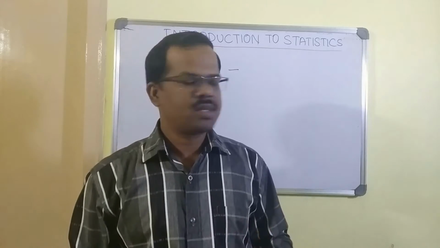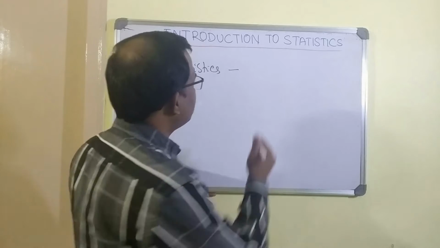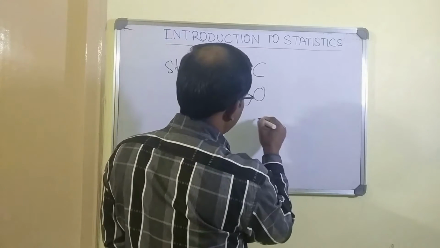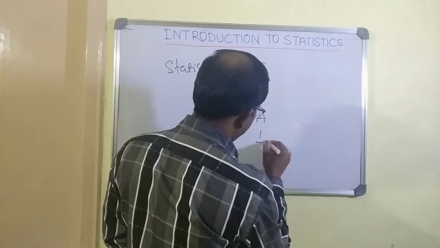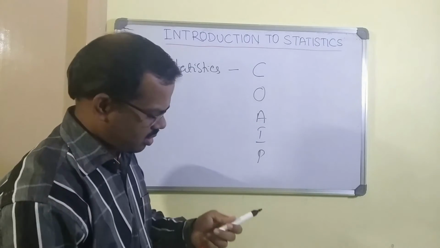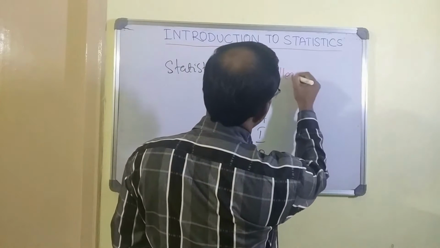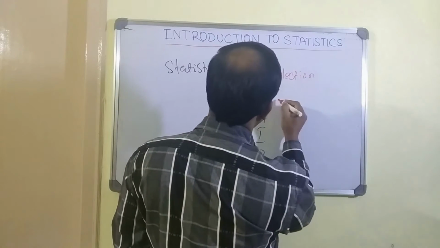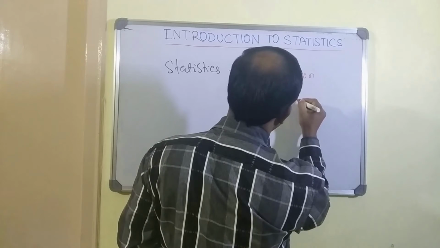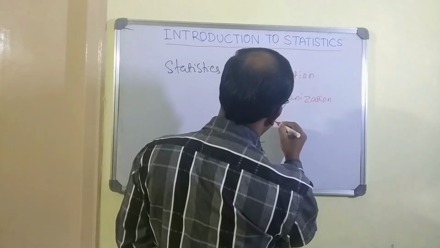What is statistics? Statistics is a branch of mathematics that deals with 5 things. What C stands for? Collection. O stands for organization. A stands for analysis.